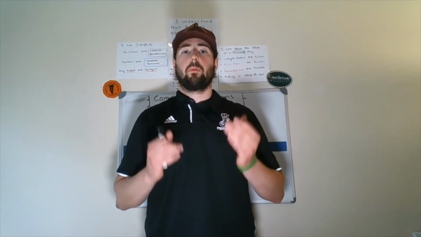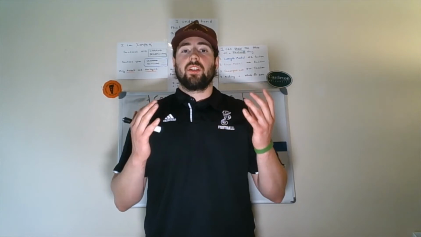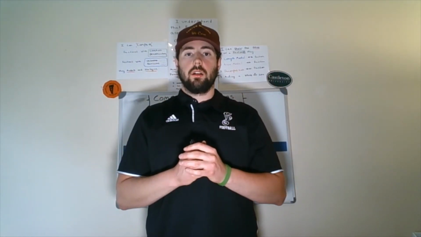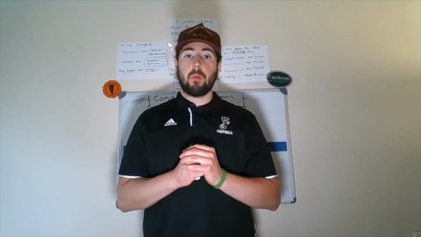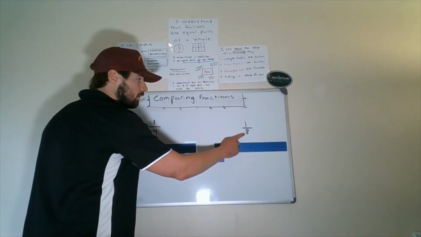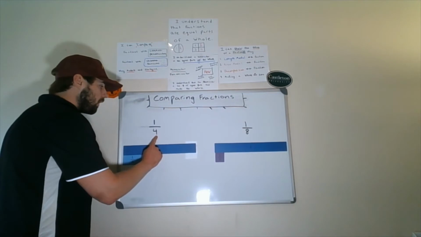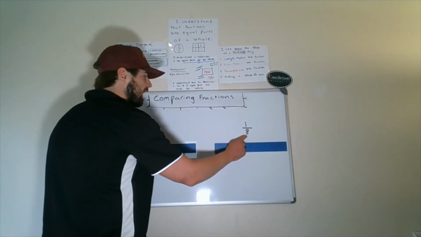What the heck? Very, very important understanding here is that when our denominators are greater numbers, the parts are actually smaller. 8 is a larger number than 4. 4 is a smaller number than 8.